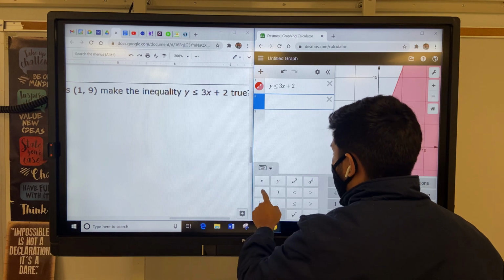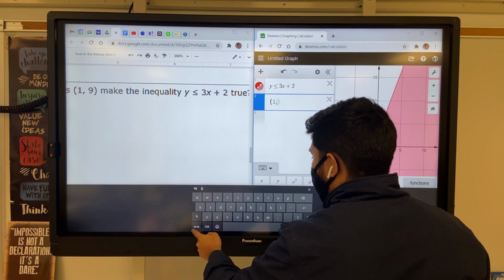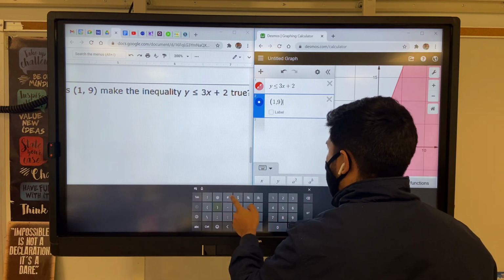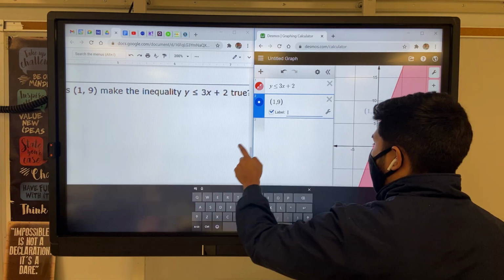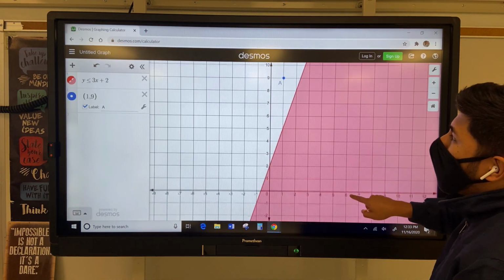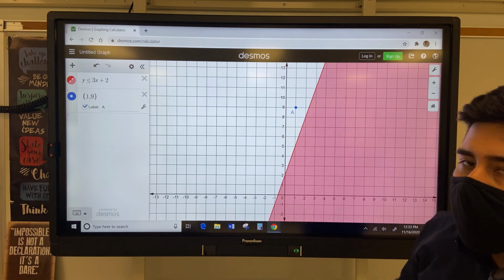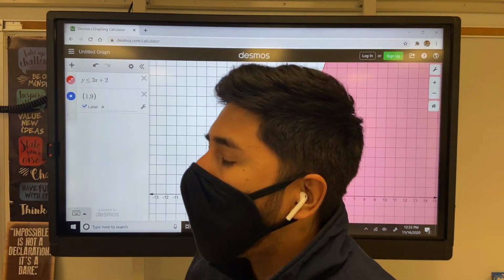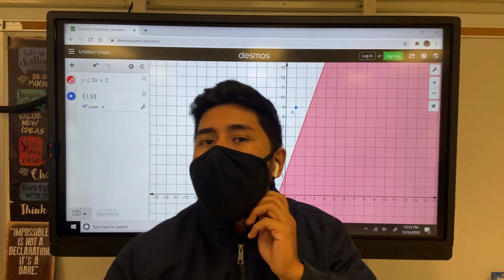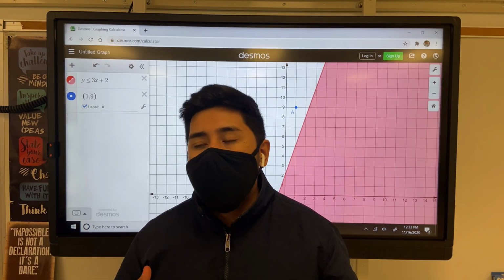And then 1, 9. Let's label it A. We look at this, that's outside of the solution set. Very interesting. I would love for you guys to do everything by hand, but if you want to make your life a little easier, Desmos is there for you to take full advantage of.